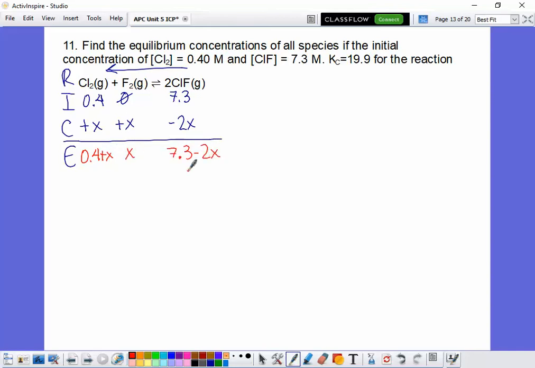All right, so let's write our equilibrium expression. What goes on the top? That's an L. Right on the bottom? Did you think that was Cl2?